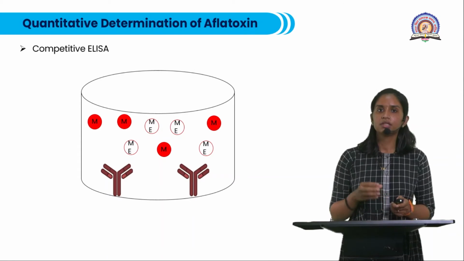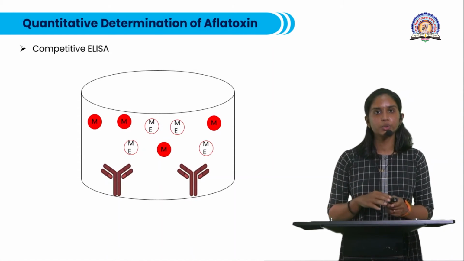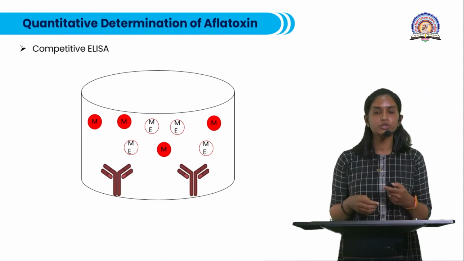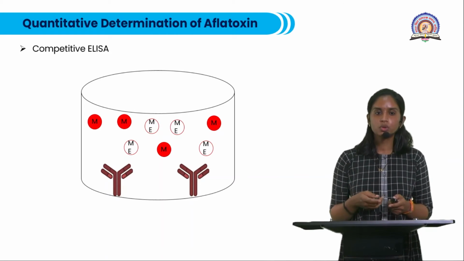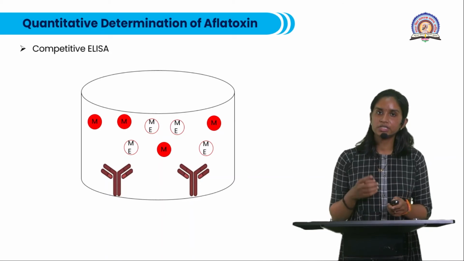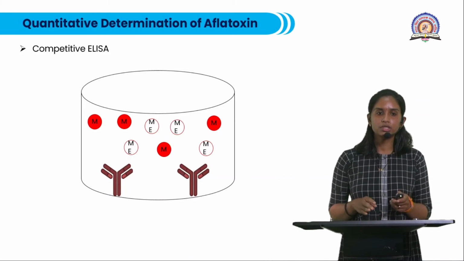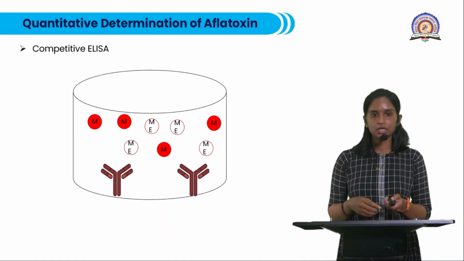Now see, the number of antibody molecules present in this microtiter plate is going to be constant, but what is going to vary is the concentration of mycotoxin present in your sample. The mycotoxin enzyme conjugate is present in a known and constant concentration. So they will compete for the binding site and selectively get attached.